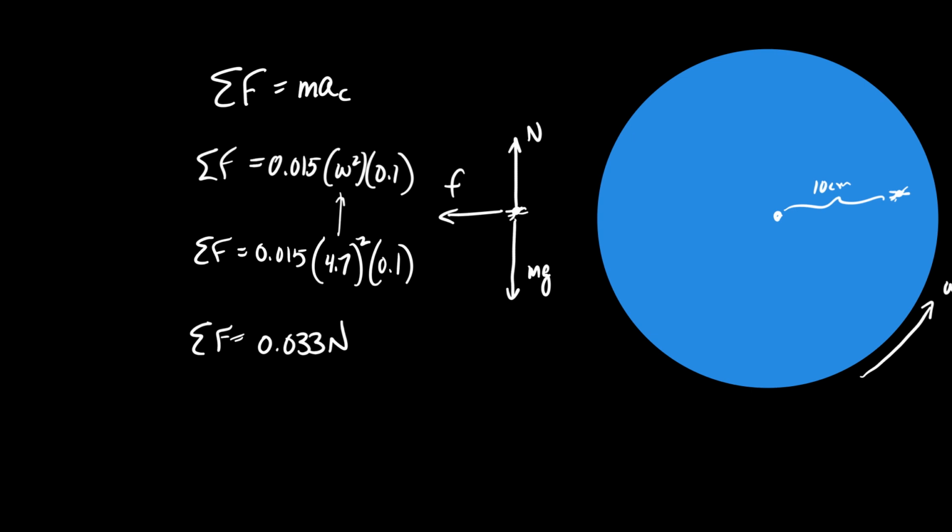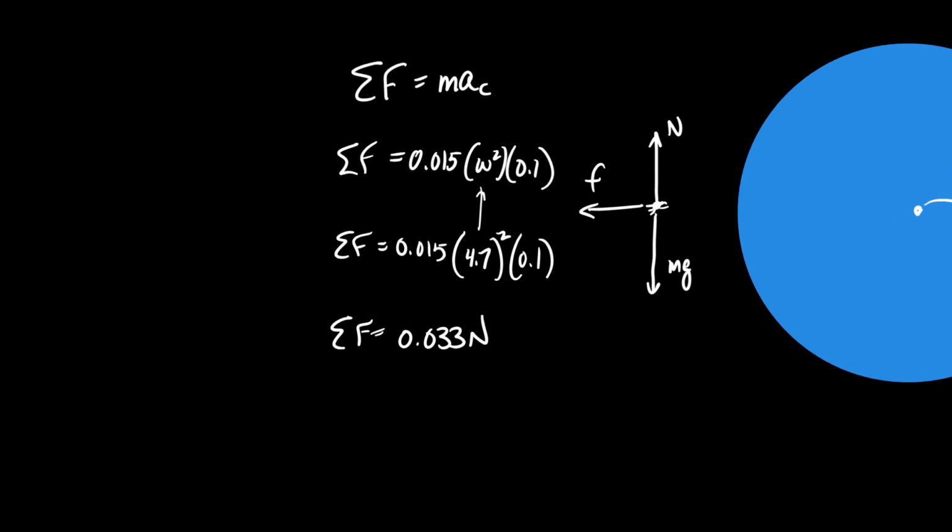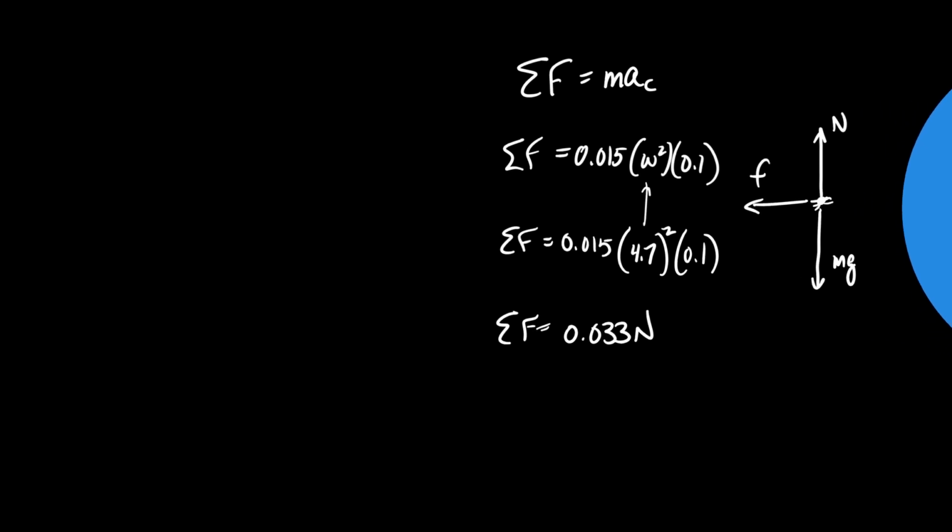All right, let's go on to the next part of the problem. What is the minimum coefficient of static friction that will keep the bug on the record? Now we're going to have to do some physics. We found the net force, but now we're going to do the set of steps. When I look at that picture, can I skip to the fact that net force in the x direction equals 0.033 N, and that the only force that acts in this direction is friction?